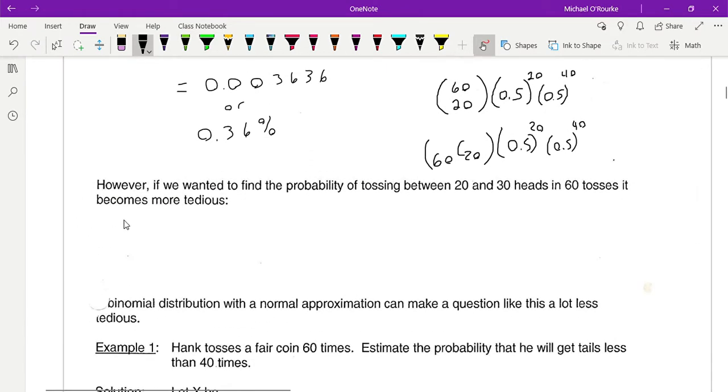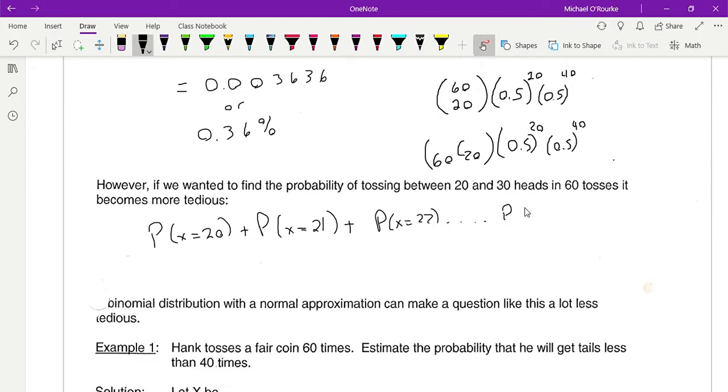But if we wanted to do this, we'd have to do the probability of x equaling 20 plus the probability of x equaling 21 plus the probability x equals 22, and so on, up to the probability of x equals 30. I don't know how many people want to do 11 sets of those. 20, 21, 22, 23, 24, 25, 26, 27, 28, 29, 30. There's 11.